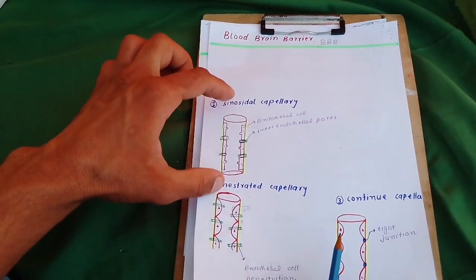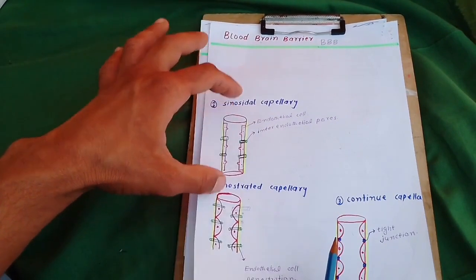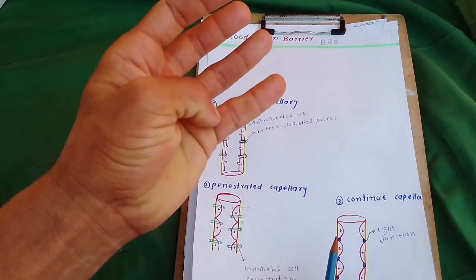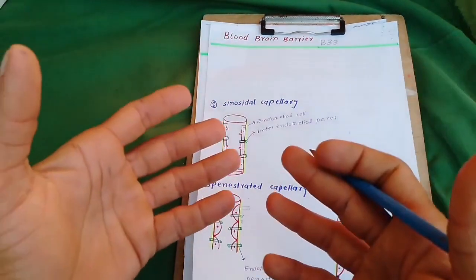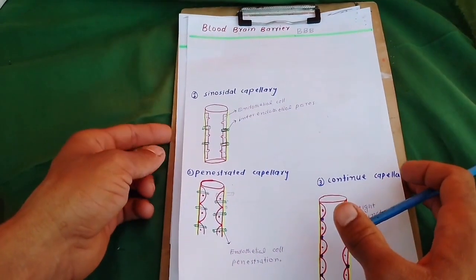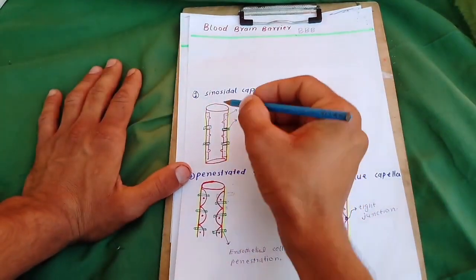These two are the capillaries which are found in all the body organs, all the body tissue except the brain, spinal cord, and the peripheral nerves. As we know, every body tissue, every body cell requires nutrition. So this is a blood capillary.